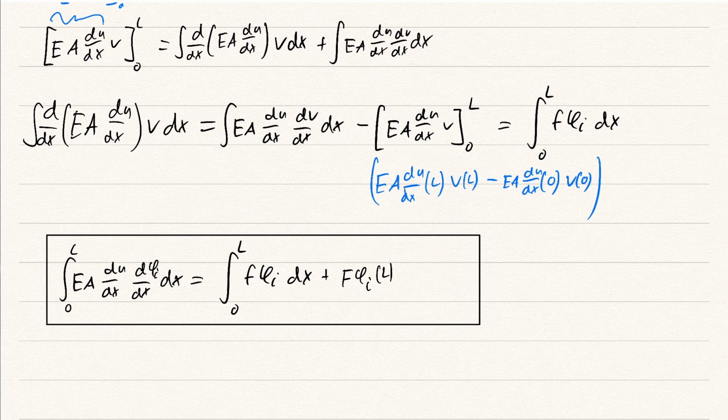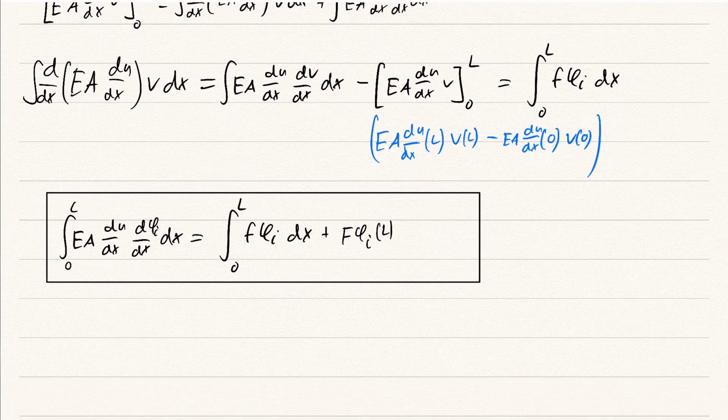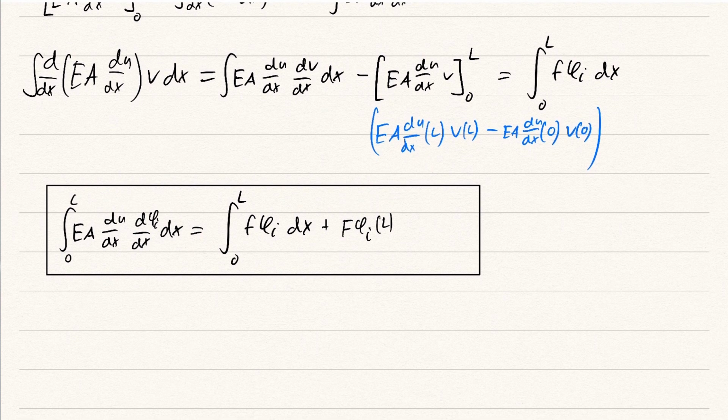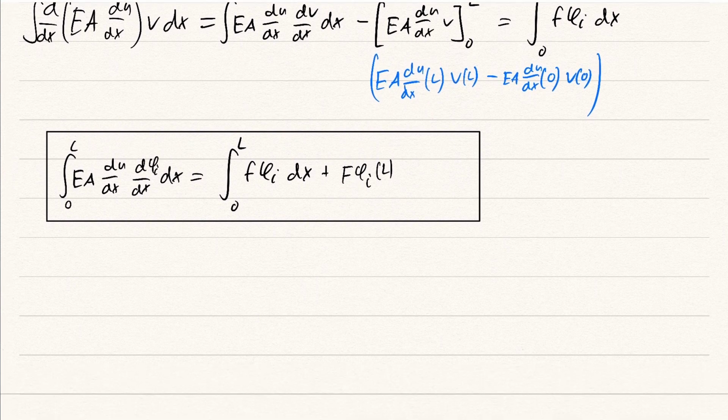Alright, so long story short, this is how this problem is solved, and this is also what we call the weak form.